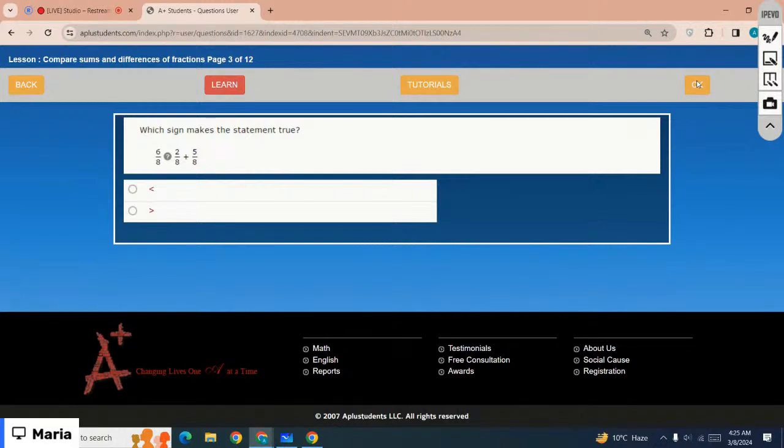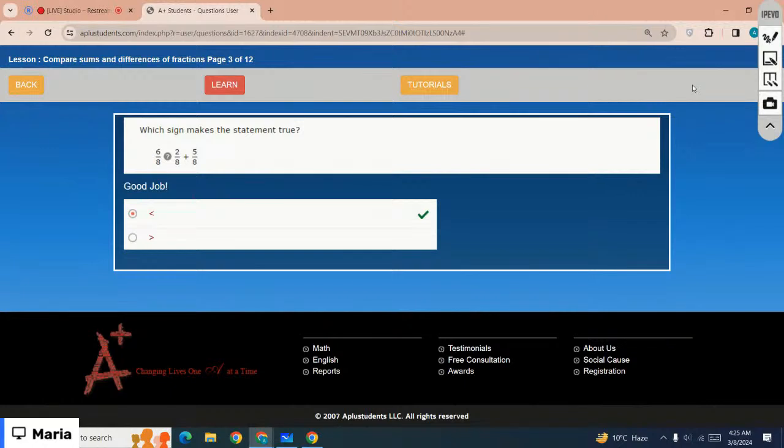Stop guessing the answers. Think and then answer. 6 over 8 is less because on this side when you add 5 plus 2 it is 7. That is 7 over 8. So that means 6 over 8 is less than 7 over 8. Less it is.